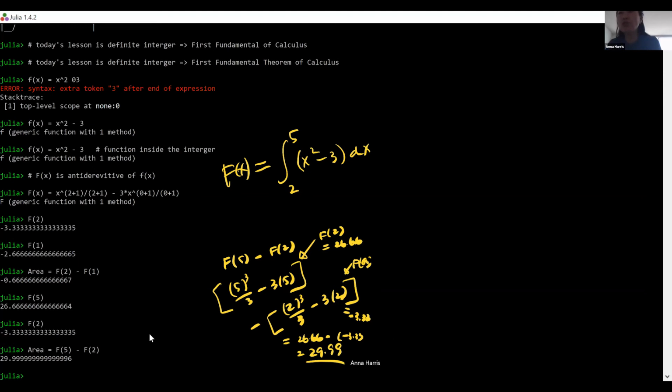So by using Julia, you're eliminating a lot of work. The algebra part right here, the counting part, addition and subtraction part can be eliminated by using Julia.